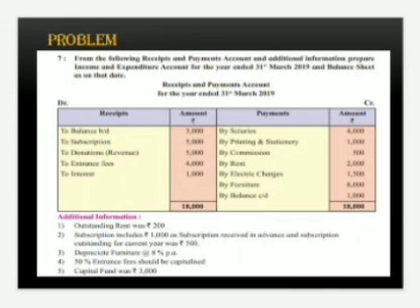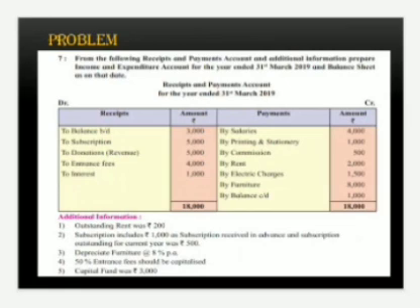Whatever side you like, that side we will take, receipts or payments. So we will choose the payment side first. It means under the payment side, either expenses or assets. So we have to give effect to the expenses or the asset side only.